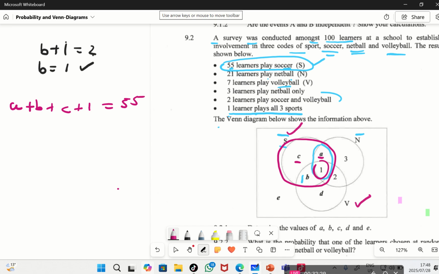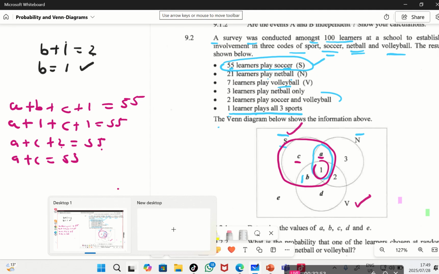Do you see? We don't have the A, that's fine. We have the B is 1. We don't have the C. So we have that A plus C plus 2 equals 55. We know that A plus C equals 55 minus 2, which gives us 53. Are we together?